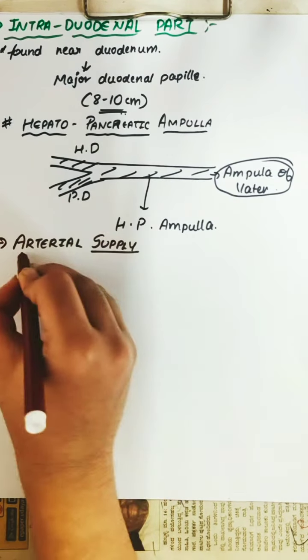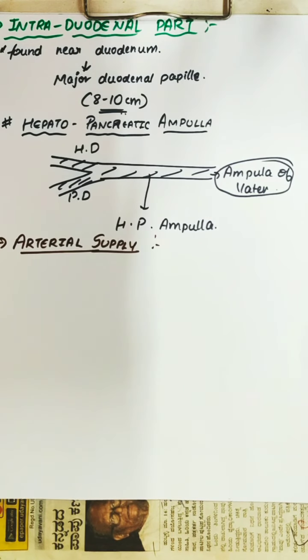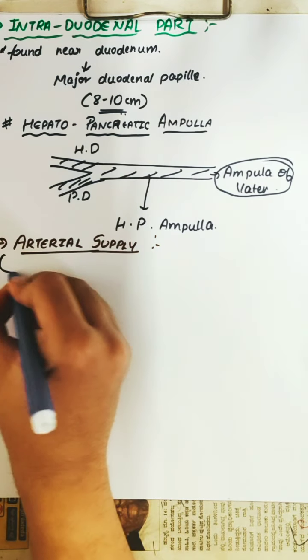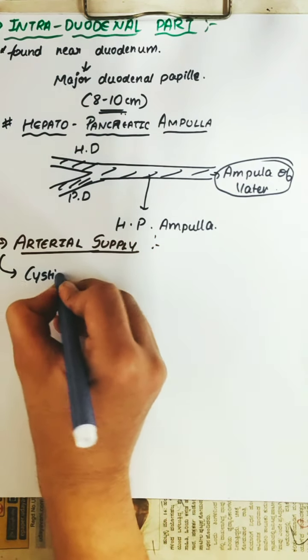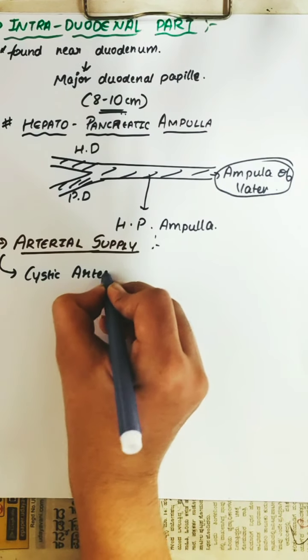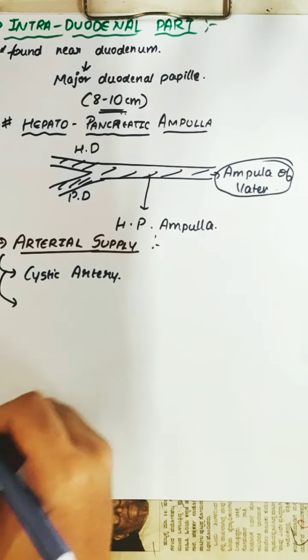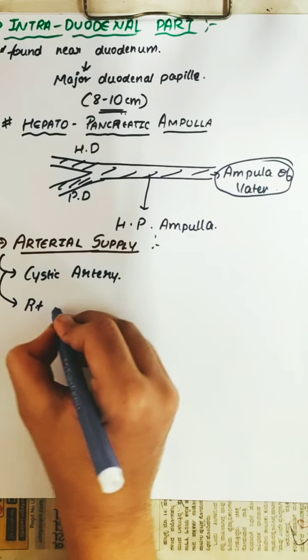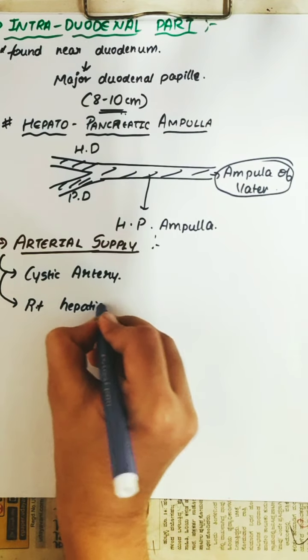So we'll look at the arterial supply of the bile duct. The bile duct is supplied by 4 main arteries. First one is the cystic artery. It is the same for all. Cystic artery, right hepatic artery.